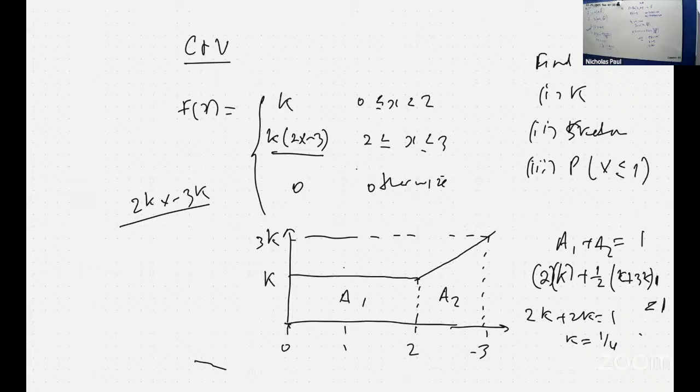Again, parallel sides should be k and 3k. That's 4k. And the width of that is 1. If you're not getting that, I'm going to check how you're working. Anybody else get a quarter? Check it out.